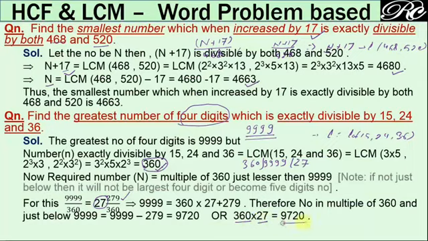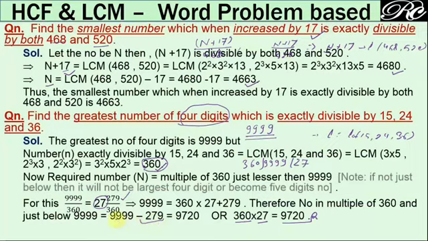Therefore, the required number will be calculated by taking the product of 360 with 27. It becomes 9720. Or here we are getting 279 as the remainder generated on dividing 9999 by 360, which means 279 is extra. So if we subtract 279 from 9999, we will get the required number, which will be divisible by 360.